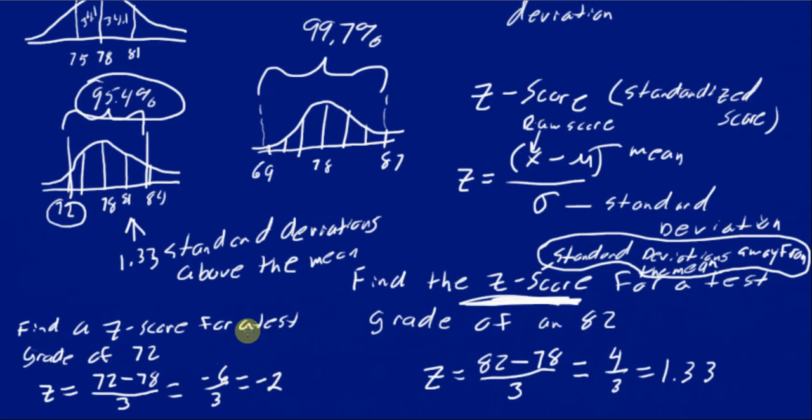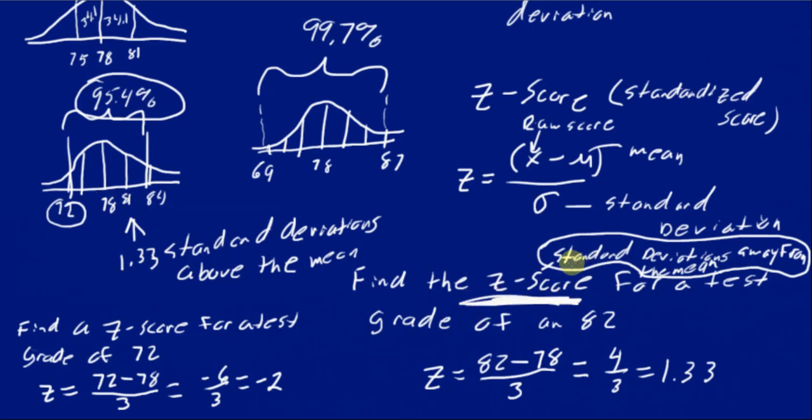So notice it gives me a negative, which means I am below the mean. So it gives you direction, either below or above the mean if it's positive or negative, and how far away it is from the mean. Now, why is this important? Well, it's important because I can compare different normal distributions and decide who is comparatively better or worse depending upon how many z-scores I'm above or below the mean.